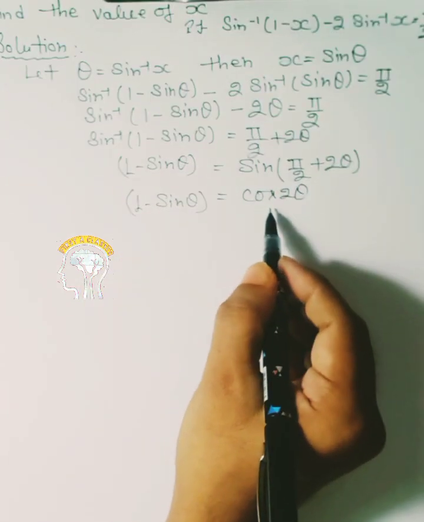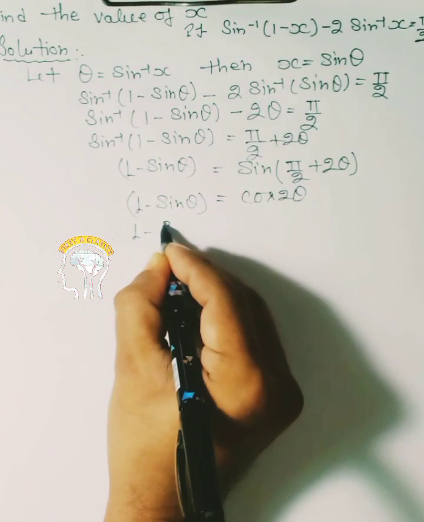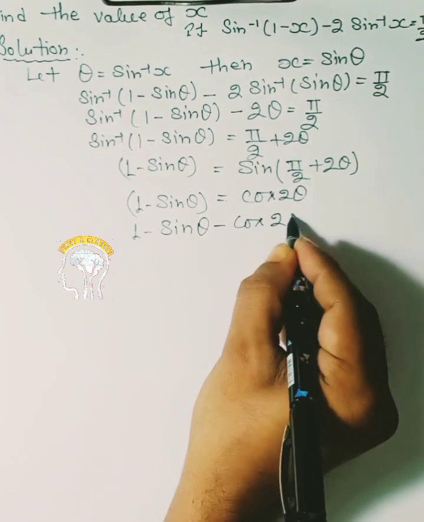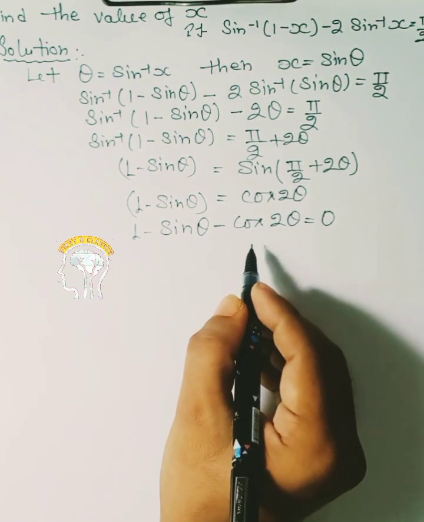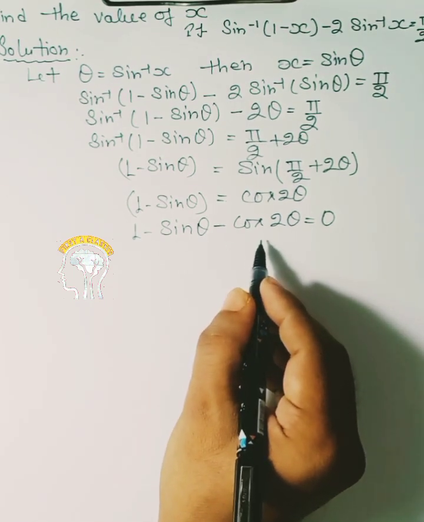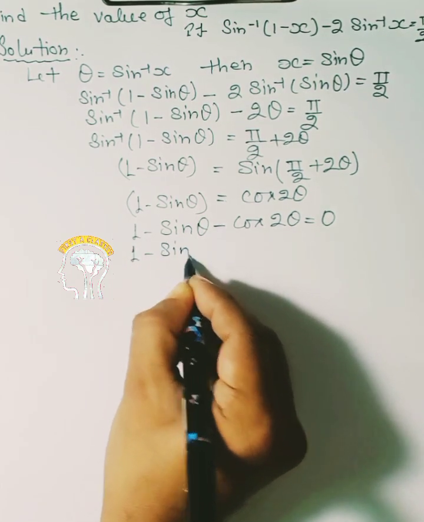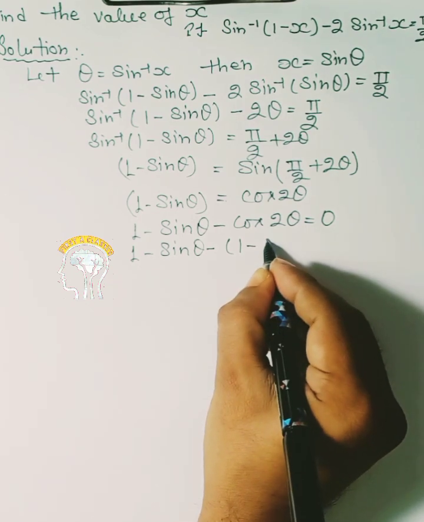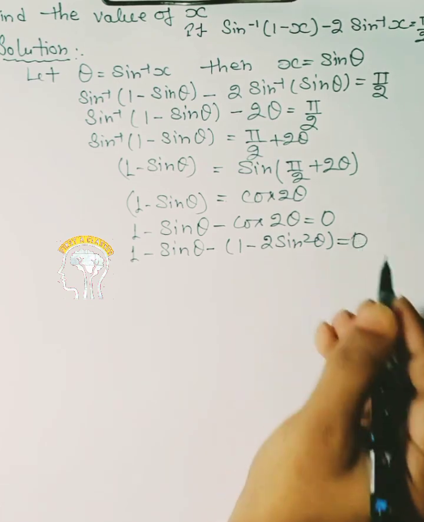Now we transpose cos 2 theta to the left hand side, we get 1 minus sine theta minus cos 2 theta equals 0. Now we use the formula of cos 2 theta, that is 1 minus 2 sine square theta: 1 minus sine theta minus 1 minus 2 sine square theta equals 0.